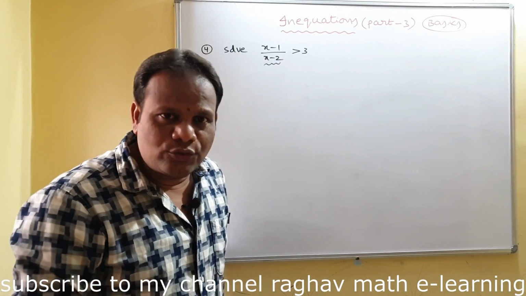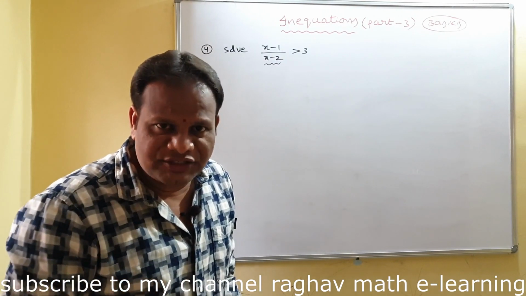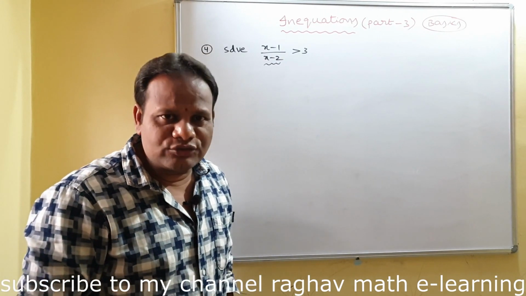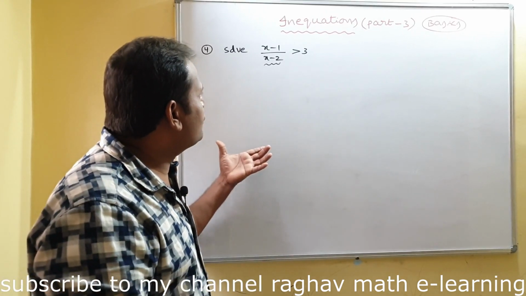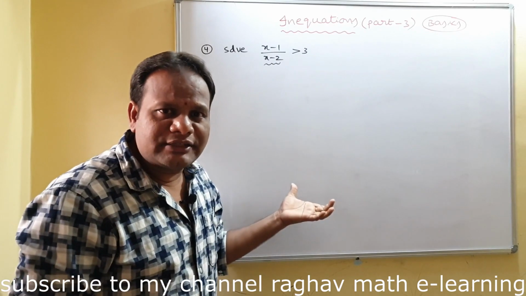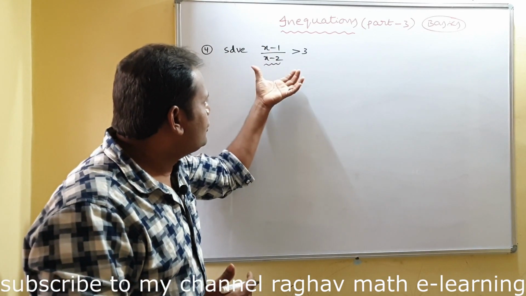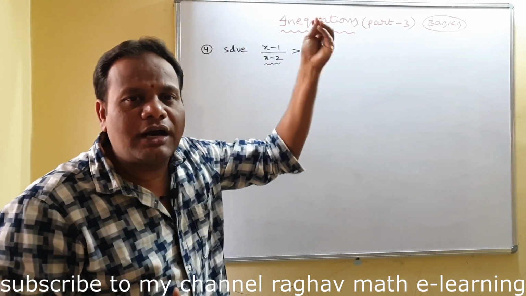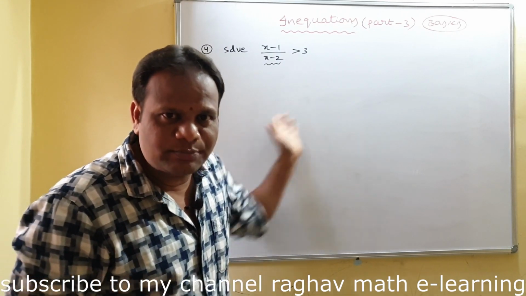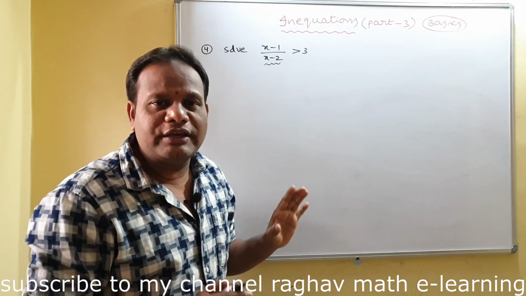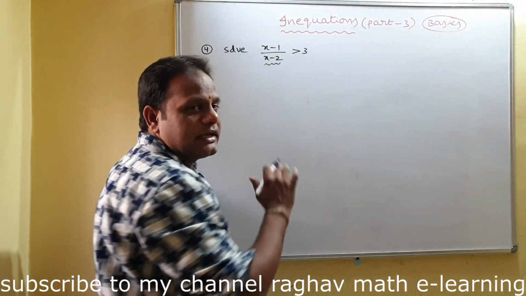But can you tell that x minus 2 is positive? Or can you say that x minus 2 is negative? No, we don't know what is x minus 2. I mean, we don't know whether it is positive or negative. So confusion is there. So can we do cross multiplication? No, we can't do cross multiplication.